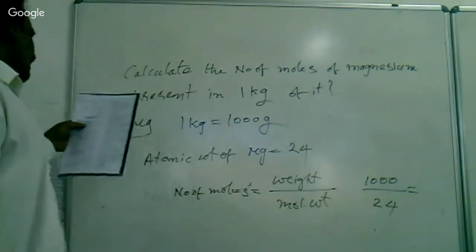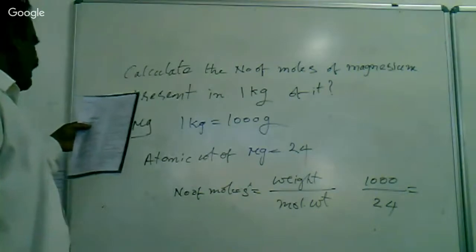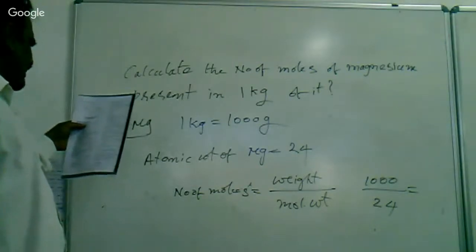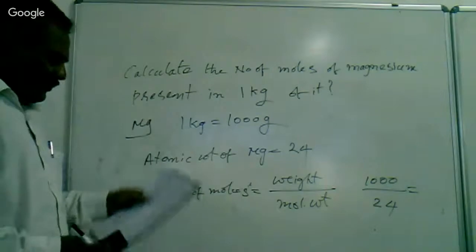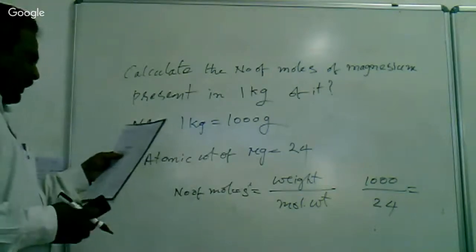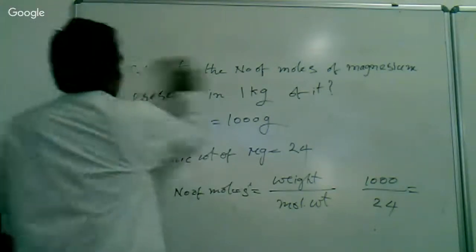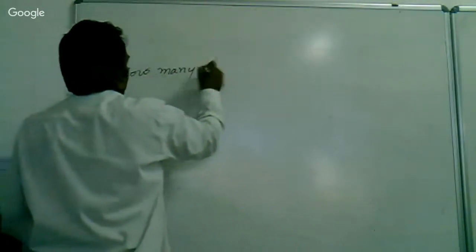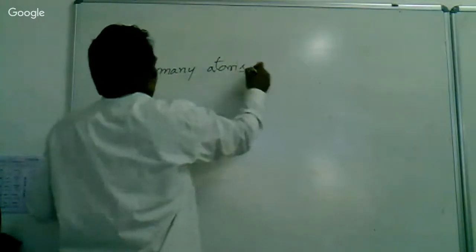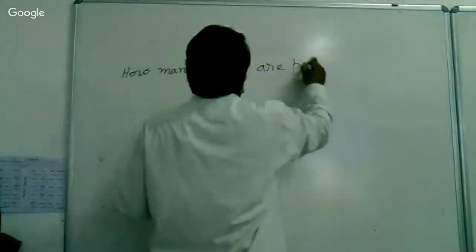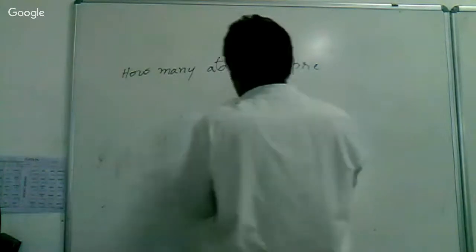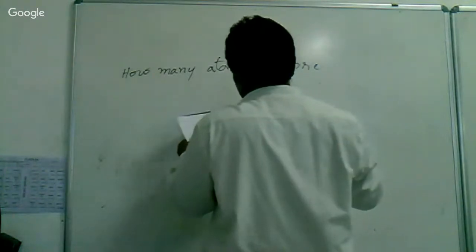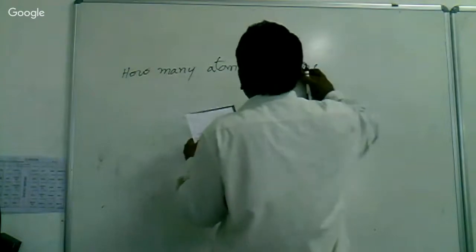Okay. So one more problem. How many atoms of sulfur are present in 64 grams of sulfur dioxide, SO2?